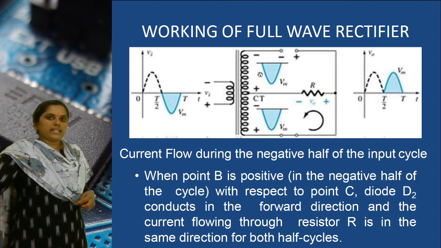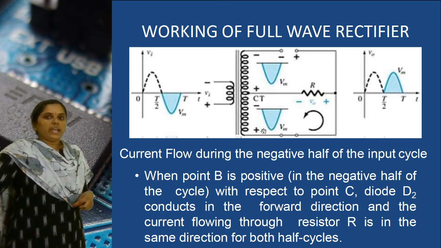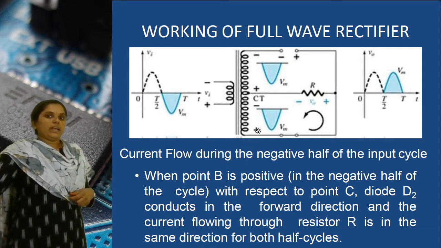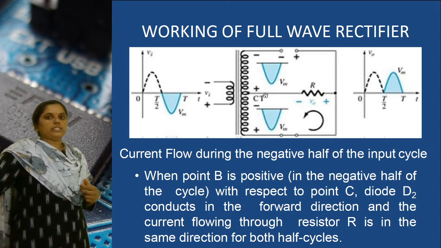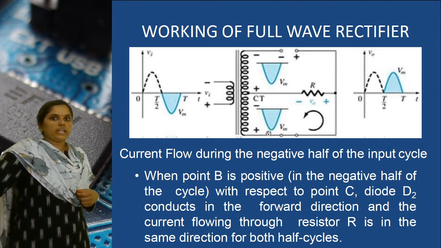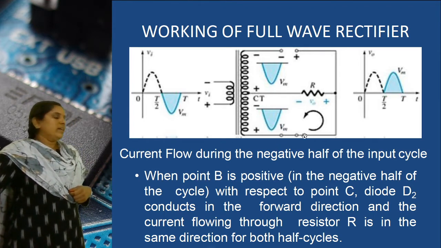Next, at the same time, point B is positive with respect to C. So the voltage applied to the anode terminal of D2 makes it conduct.